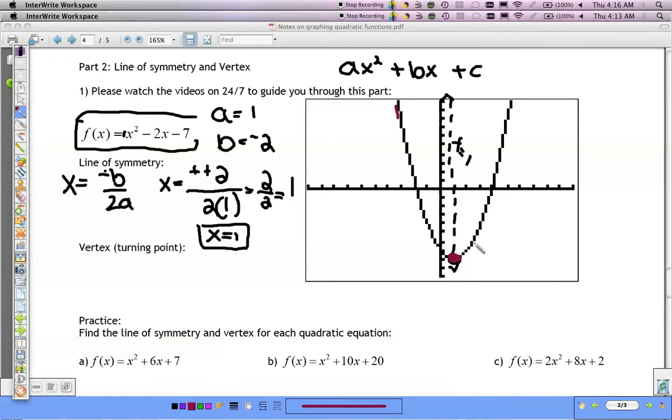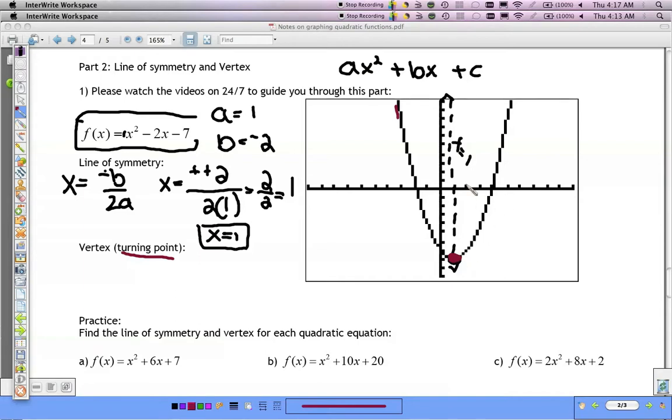So this would be the turning point, the bottom of the graph, or if it were upside down, the top of the graph would be the turning point, or the vertex. Again, you want to go back and fill in the vocabulary sheet and make sure you know what the vertex is. It's very, very important to know that word and to know that it means this is the turning point in the graph.